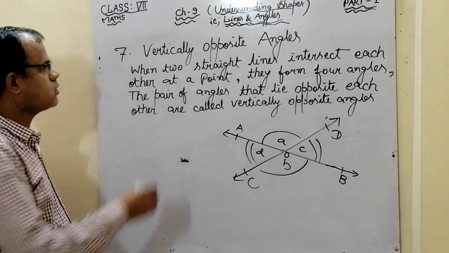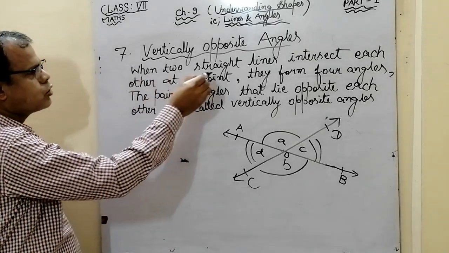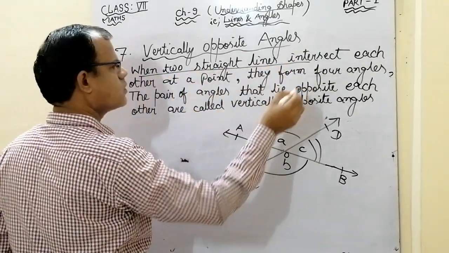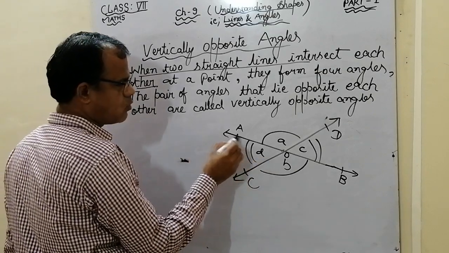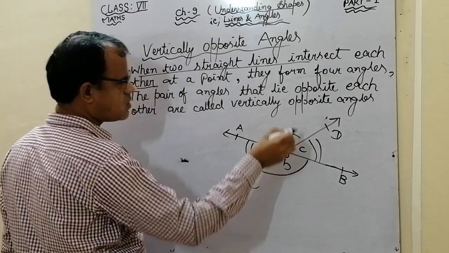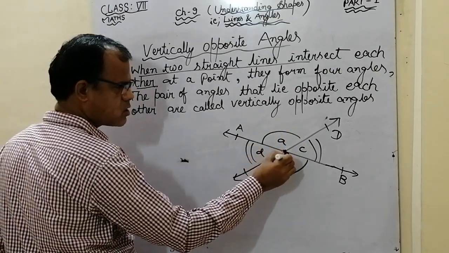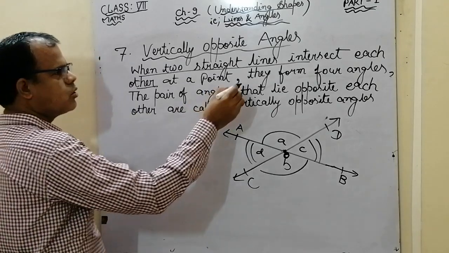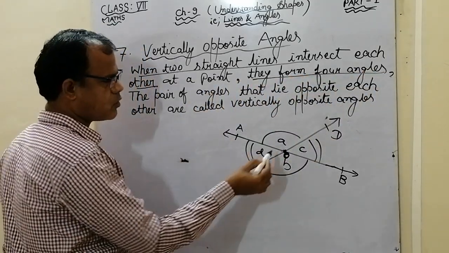Yes, student. Last, vertically opposite angles. When two straight lines intersect each other, look here, two straight lines, one is AB and the second is CD. Lines AB and CD intersect each other at this point, this is point O. So they form four angles. Look here, four angles are formed.